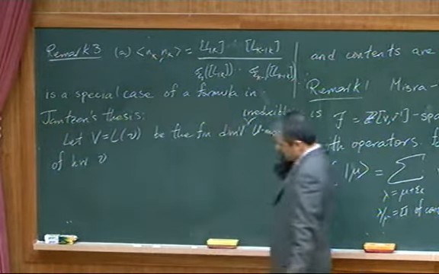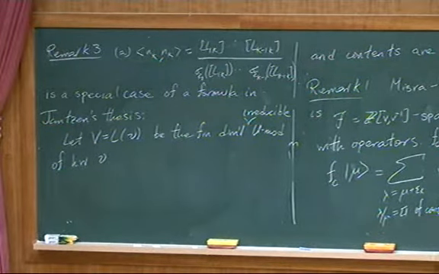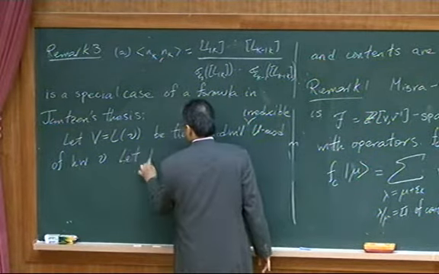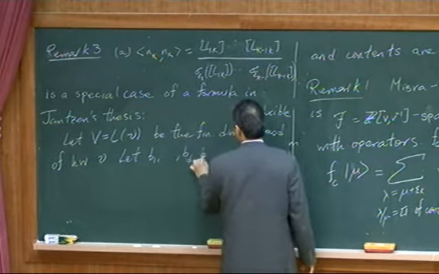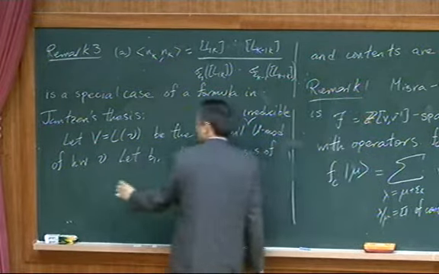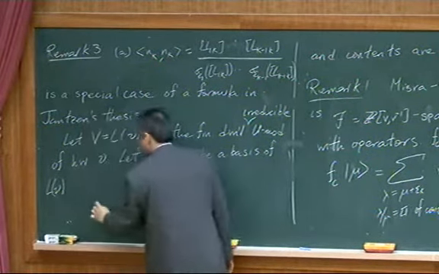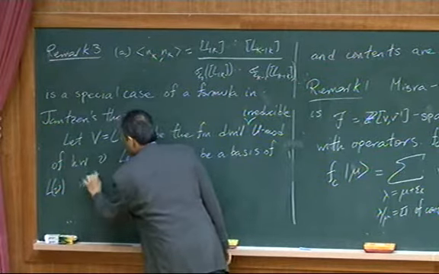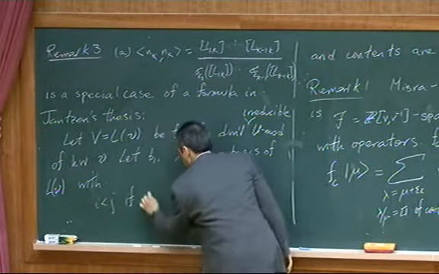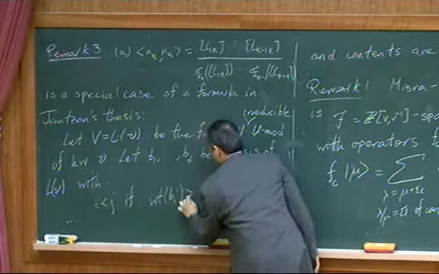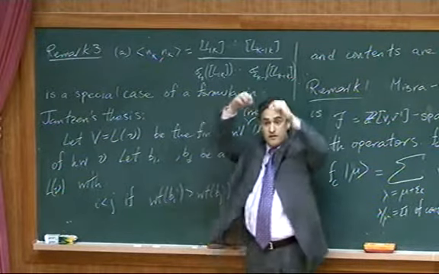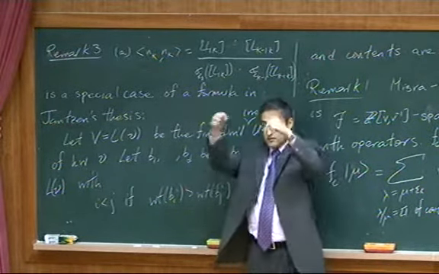So instead of translating by the n-dimensional module, translate by some other module. Let B1 up to BD be a basis of L nu. I'm going to order it so that the higher weights come first. So i is less than j if the weight of bi is greater than the weight of bj. So the first vector is the highest weight vector, and then I move down in the module.